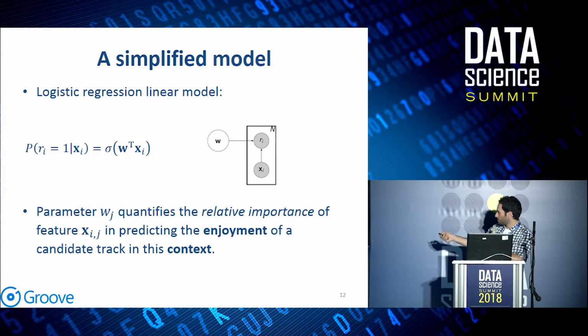But since this model isn't Bayesian as I described it, this is a notation overloading. But bear with me because I'm going to use this later when we compare to our more advanced model. What this model essentially learns is this parameter vector W, where every entry in this vector quantifies the relative importance of a specific feature in determining the enjoyment of a user to a candidate track given a context.